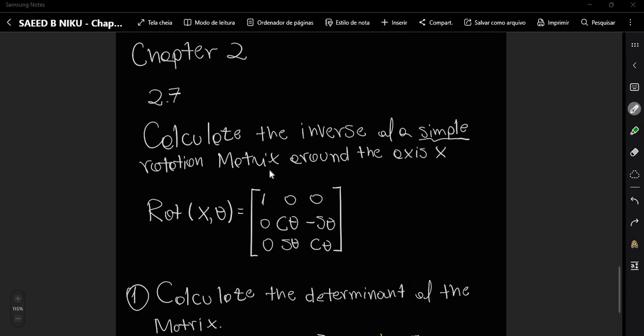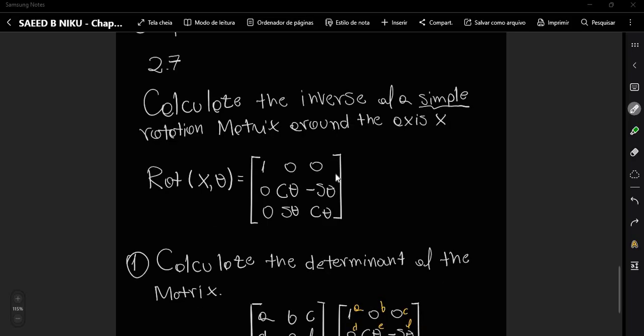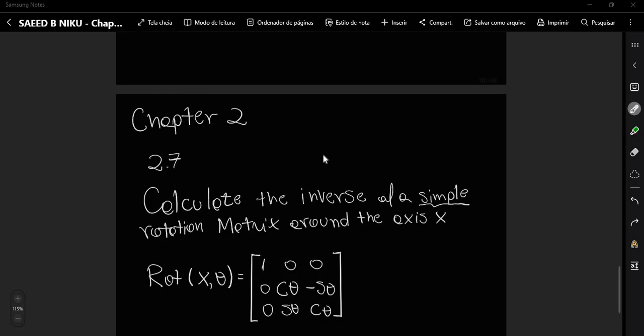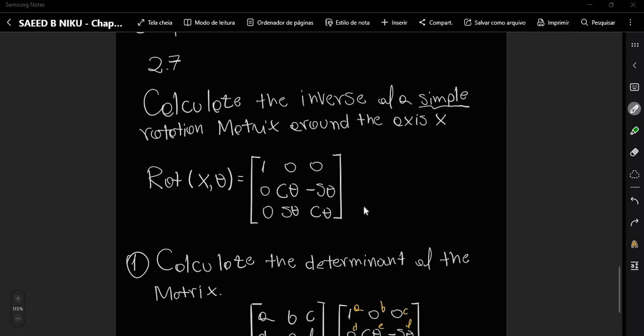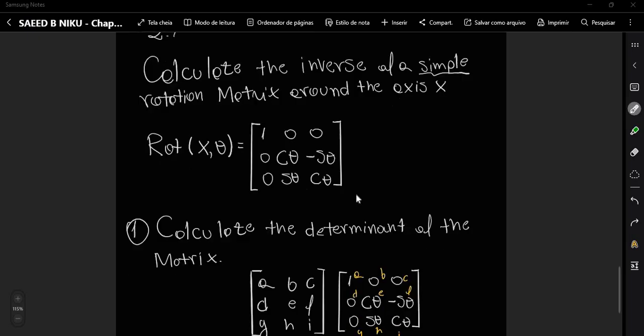We were on appendix A of the book. We revised how to calculate the determinant of a 3 by 3 matrix, and how to calculate the inverse of a 3 by 3 matrix. And on the last video, we saw how to calculate the inverse of a rotation matrix.